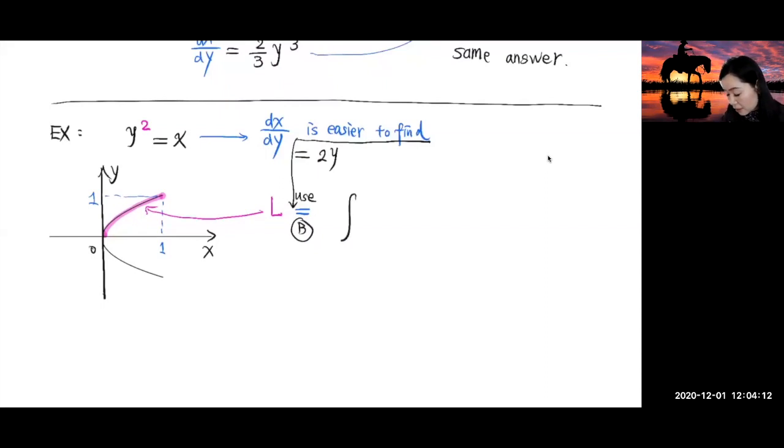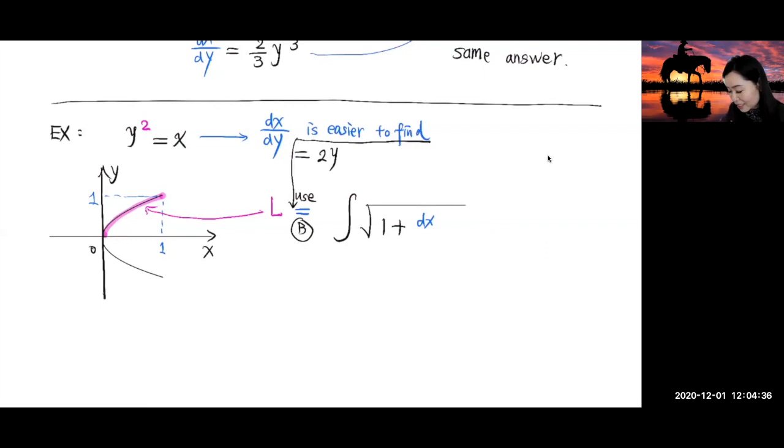So this is the integral. Now outside here we'll have dy, and then the square root of 1 plus dx/dy. Hold on, did I make a mistake? Is this not dx? What is it?